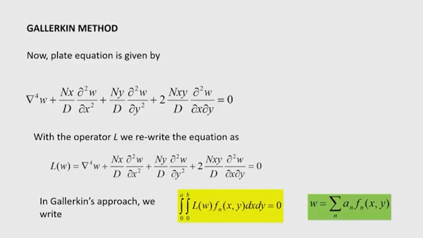Let us see what the Galerkin method is in plate problems. In plate problems, we have already used the Galerkin method, which is again an approximate method, but the difference between the Galerkin method and the Rayleigh-Ritz method is that the Galerkin method requires the differential equation of the plate, whether it is under bending, buckling, or even a vibration problem.